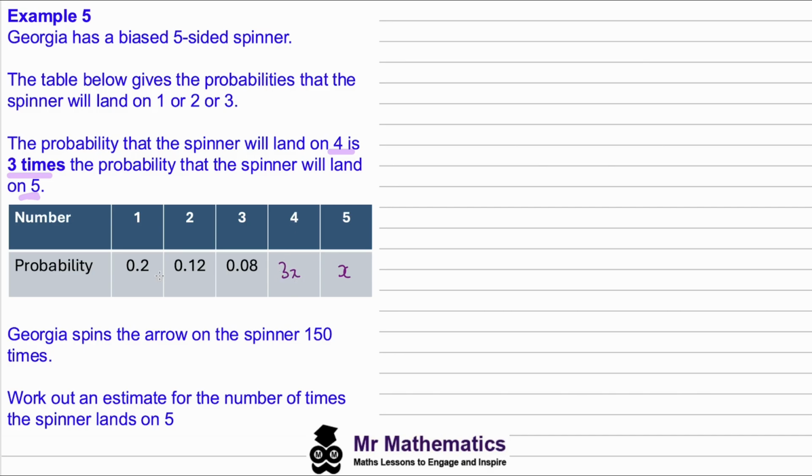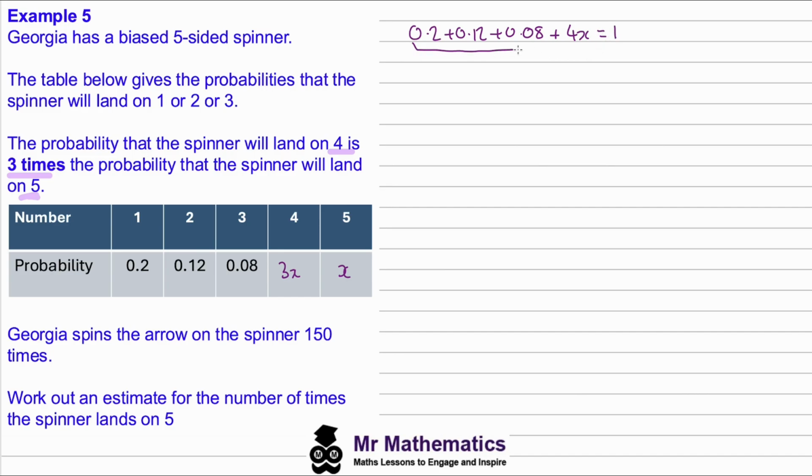And we know that the total probability will equal 1. So we can work out x by adding up the 0.2, 0.12, 0.08, the 3x, add the x, which is 4x. And together, this will equal 1.